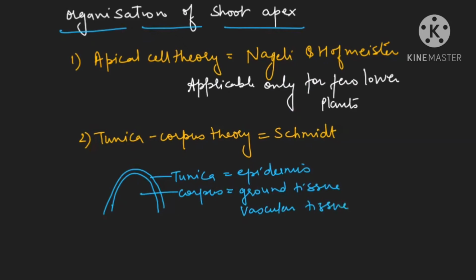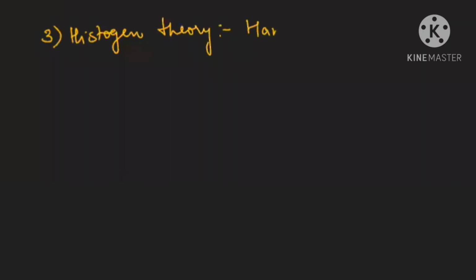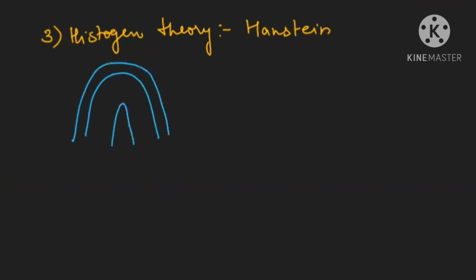Okay. Now, which theory is more applicable? The applicable theory is the histogen theory. The theory was given by Hanstein. And according to him, the shoot apex is differentiated into three layers. This is dermatogen, which is going to give rise to epidermis.